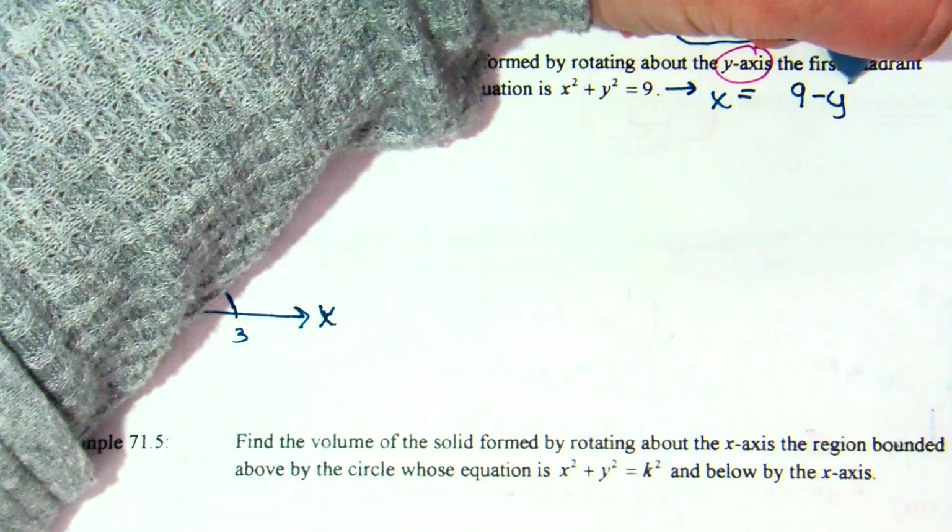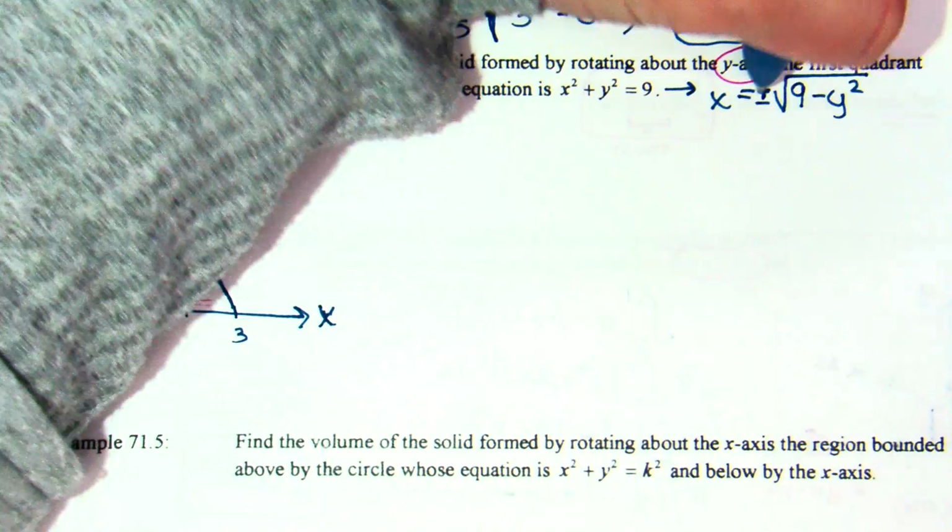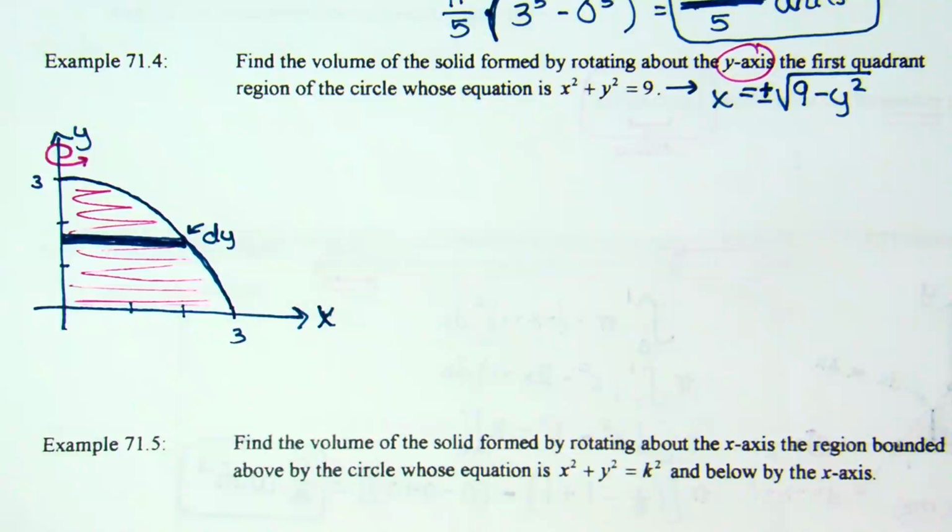Since it's only the first quadrant, wouldn't you just use the positive? You got it. Because it's only the first quadrant, we're only using the positive version. Yep. There's my integral. Don't forget your pi.